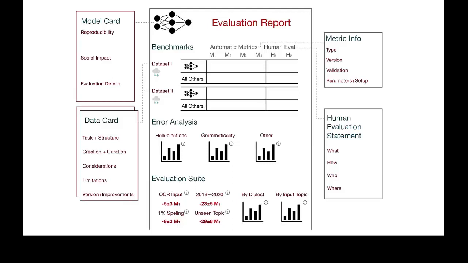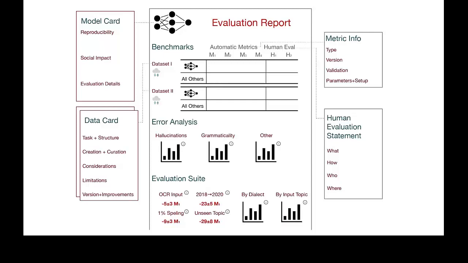And with that, I just want to quickly show you my vision of how evaluation should look in the future. And that is like this, where we have evaluation reports, where all of the different documentation aspects, model cards, data cards, metric information, human evaluation statements, all fit together and are linked from the actual results.